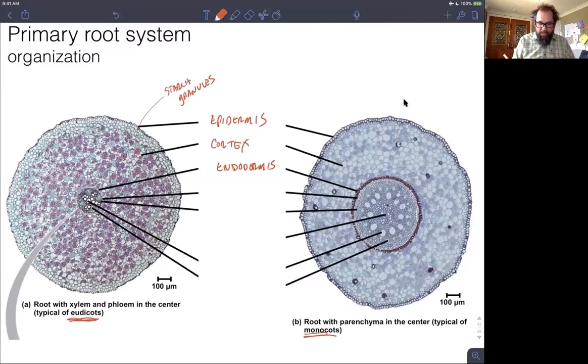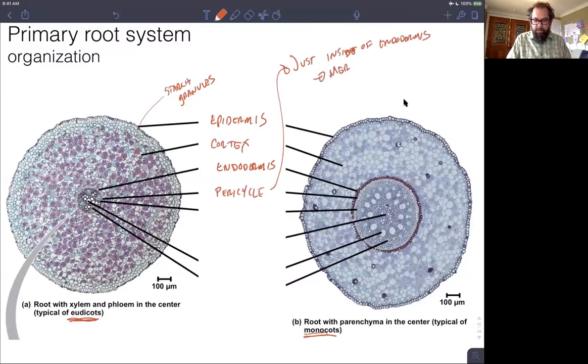Just inside of the endodermis, there's a layer, and I'll show you this in the next slide a little bit better, called the pericycle. The pericycle is actually another type of meristem.